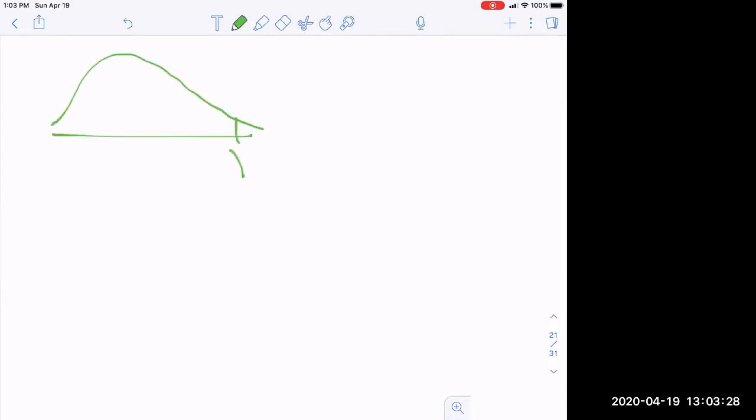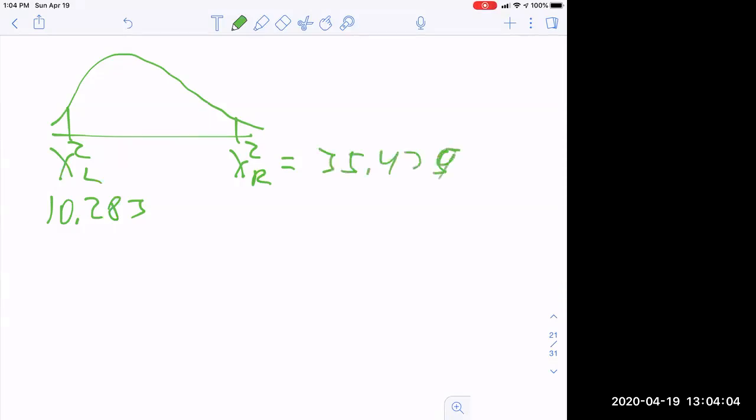We just did this. We found our chi-squared right and our chi-squared left. Of course, I didn't write it down, so I've got to go back and do it. 10.283. Chi-squared right is 35.479.